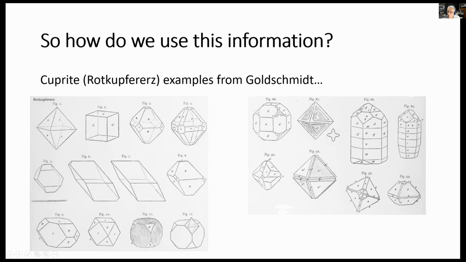Because if the labeling is consistent, if you have a look at figure 86, you've got the D planes on the edges, and you've got the D planes in figure 88 on the hexagonal sides, there and there, which would match.